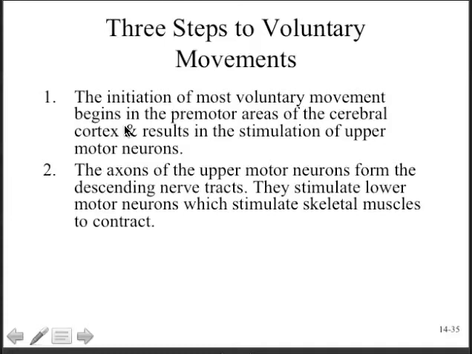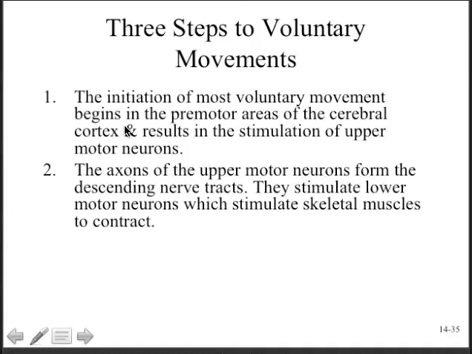So we have what we call the planning stage, and then we have the actual movement stage. So in the planning stage, we sort of send an outline of the program to the motor association area, the basal nuclei, and the cerebellum, and then when we execute that movement, the motor association area again moves that information to the primary motor cortex, which shoots it down the brainstem and spinal cord to the peripheral nerves.